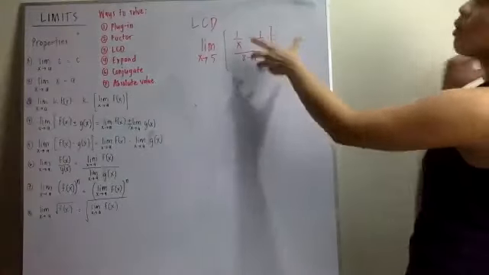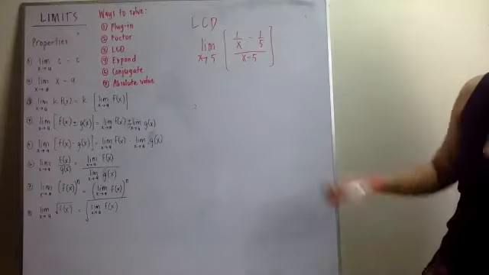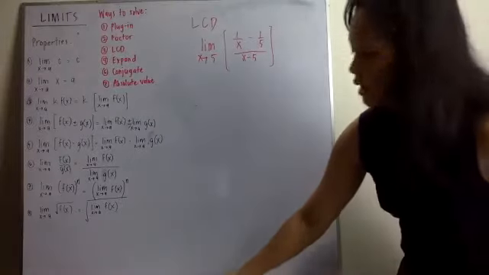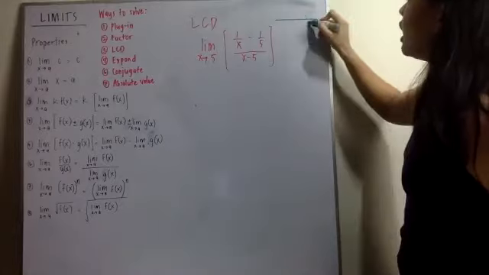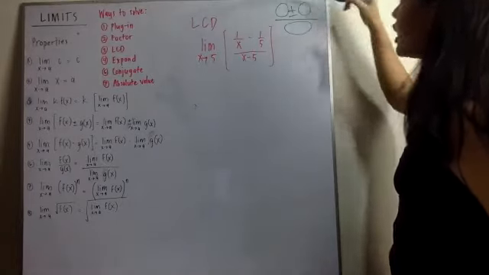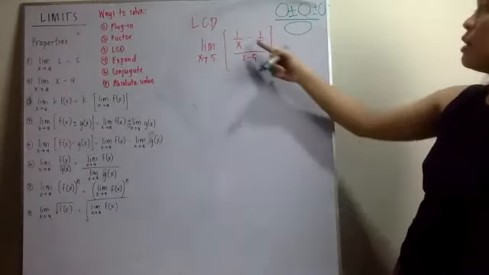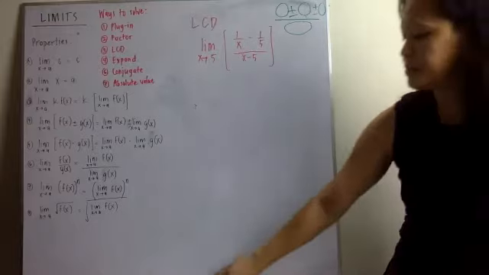So, usually, ganito yung mukha ng gagamitan mo ng LCD. Okay? Kapag meron kang rational, tapos yung nasa taas mo, sum or difference or basta mga combination ng ganyan. Para kang may mga expression sa taas. Okay?